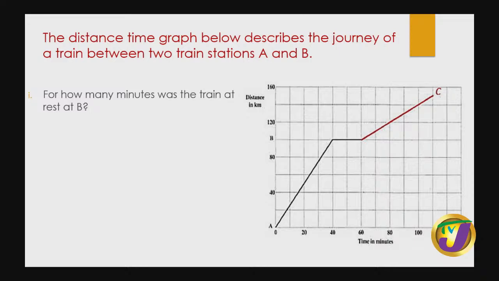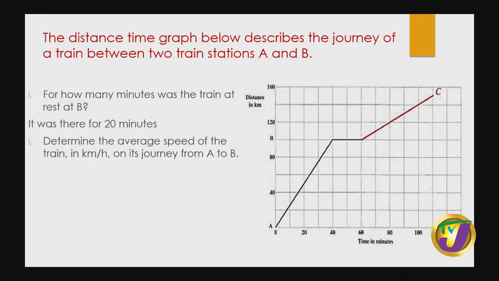B can be found on the y-axis between 80 and 120. Time is still on the x-axis, however now we have distance on the y-axis.